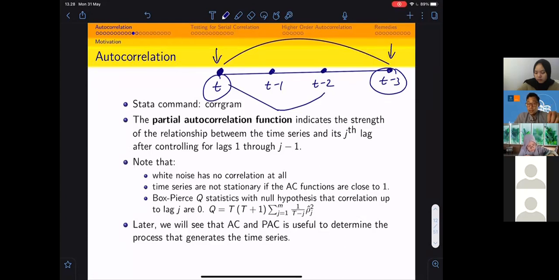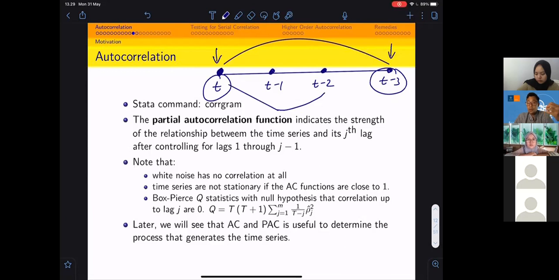If you're interested in advanced time series analysis, for example forecasting, then understanding the structure of the autocorrelation as well as the partial autocorrelation is going to allow us to identify a proper model for estimation and eventually for forecasting, right?